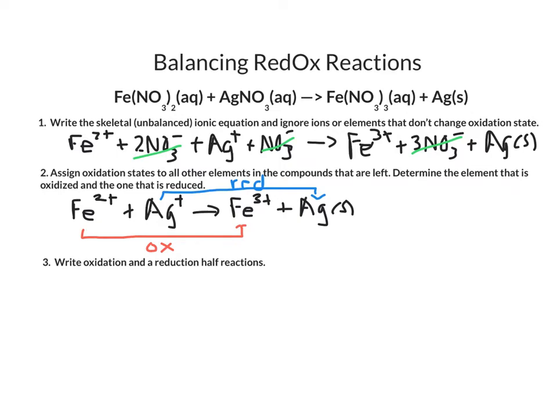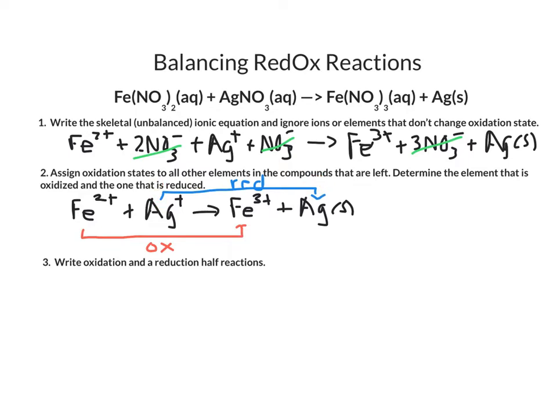So to do this, I take the element that is oxidized and I write a reaction for that, and then I write a reaction for the element that's reduced. So in other words, I'm splitting this full reaction up into 2 halves, one that just focuses on the oxidation and one that just focuses on the reduction.